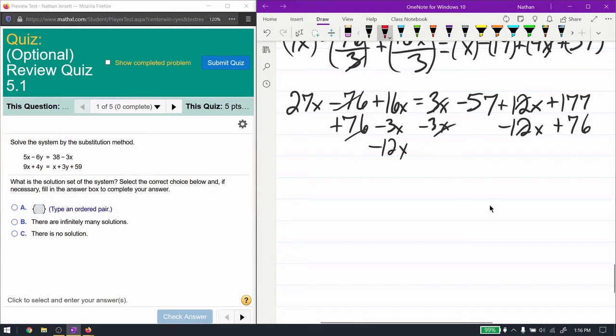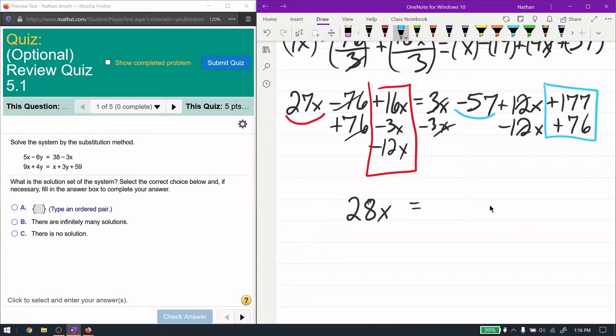And on the right-hand side, we have 27x and plus 16x. 27 plus 16 is going to be 43. Minus 3, so 40. Minus 12 gives us 28x. Then we have 57 plus 177.